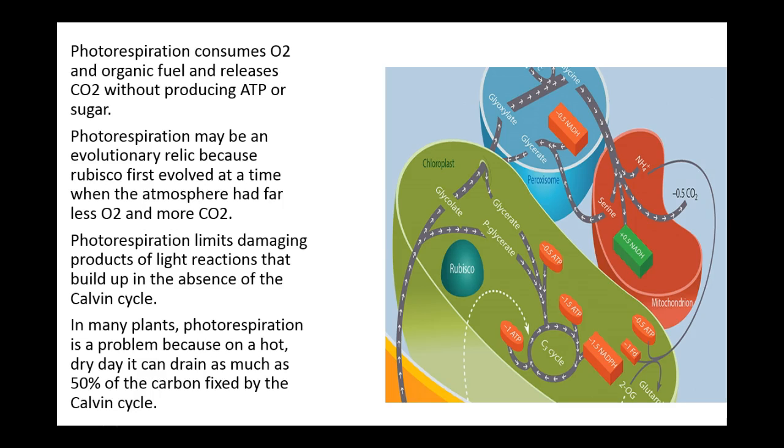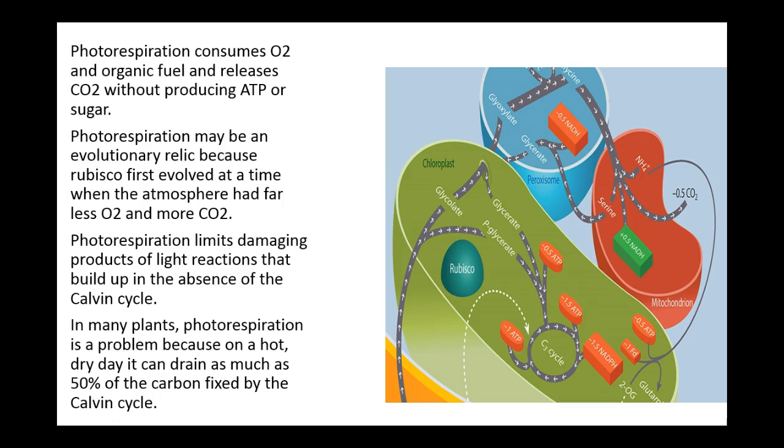So with regard to a little bit more about photorespiration, and we'll come back to those types of plants, it consumes oxygen and organic fuel and releases CO2 without producing ATP or sugar. Photorespiration is thought to be an evolutionary relic because Rubisco first evolved in a time when the atmosphere had far less oxygen and more carbon dioxide.